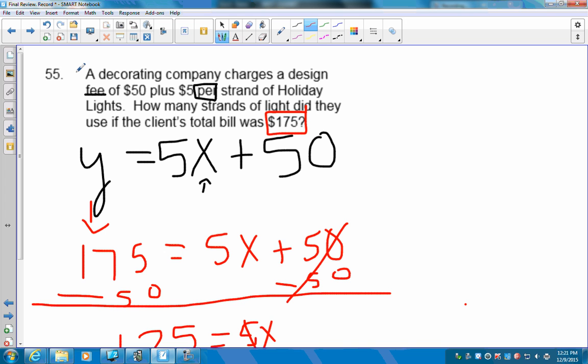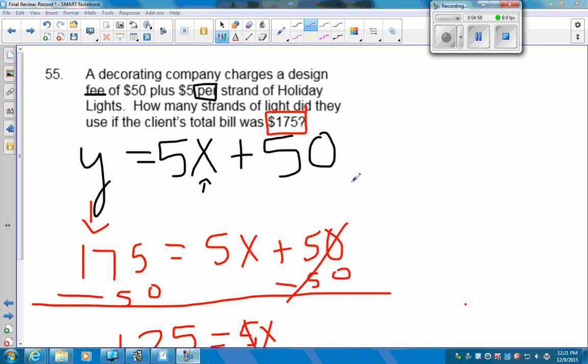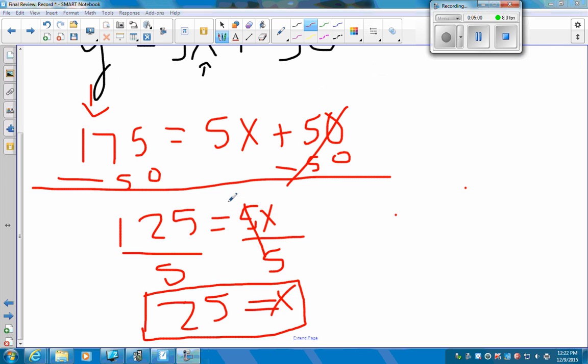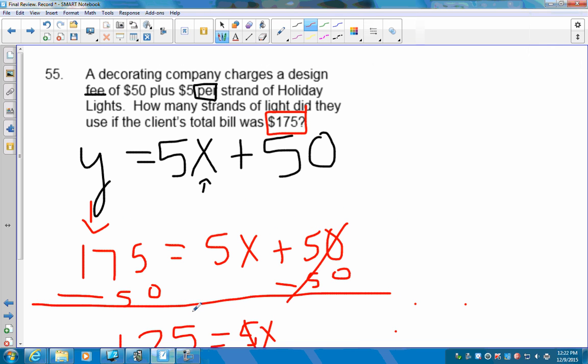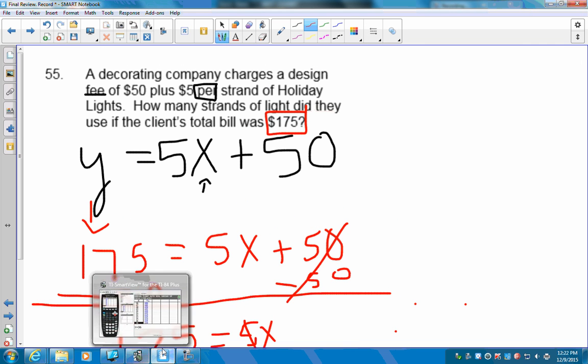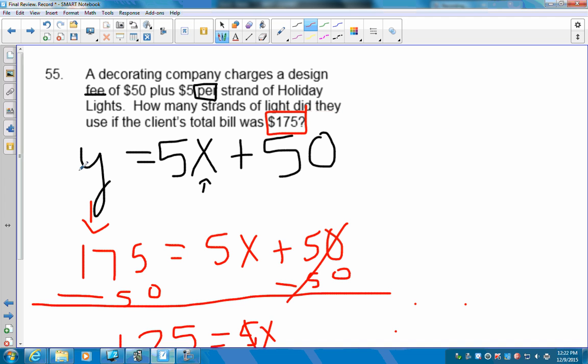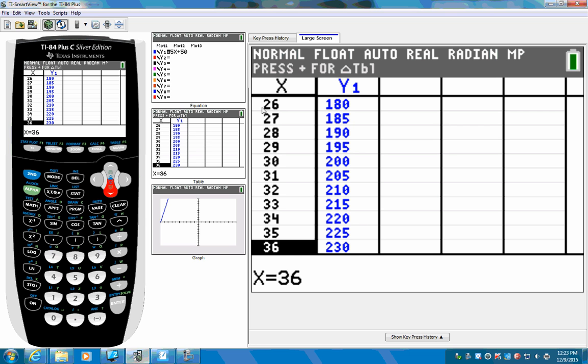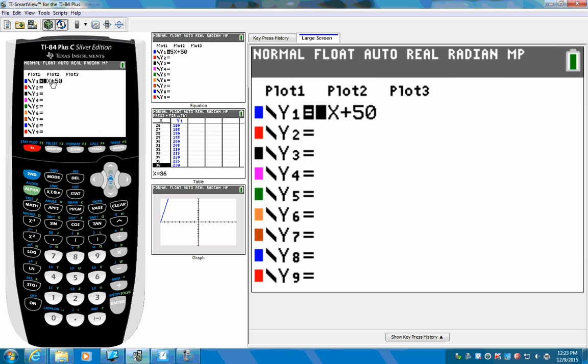Going back to number 55, that question could also be a calculator question. You have an equation, y equals 5x plus 50, and then you just type it into your calculator. So y equals 5x plus 50, and we need to look where the total cost is 175.